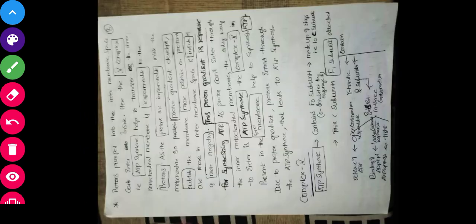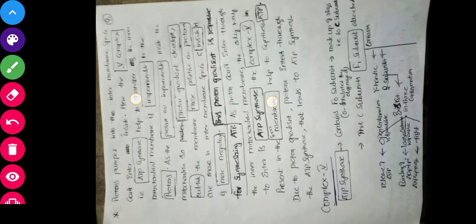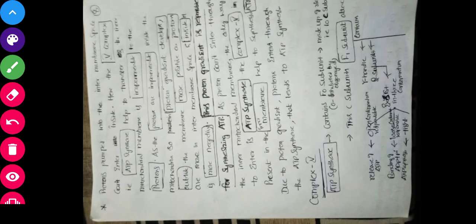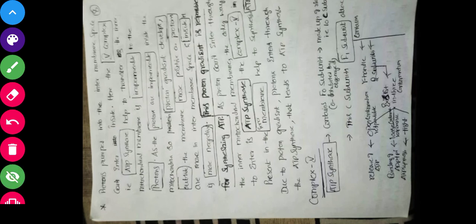Because of this, what will happen? See in the next slide. Since the protons are pumped into the intermembrane space, a proton gradient will be formed.